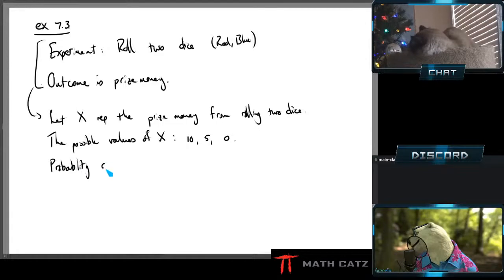Probability distribution of X. That is an S, I know. My writing is so clear. Remember, X captures and represents the experiment and outcome and the whole thing.